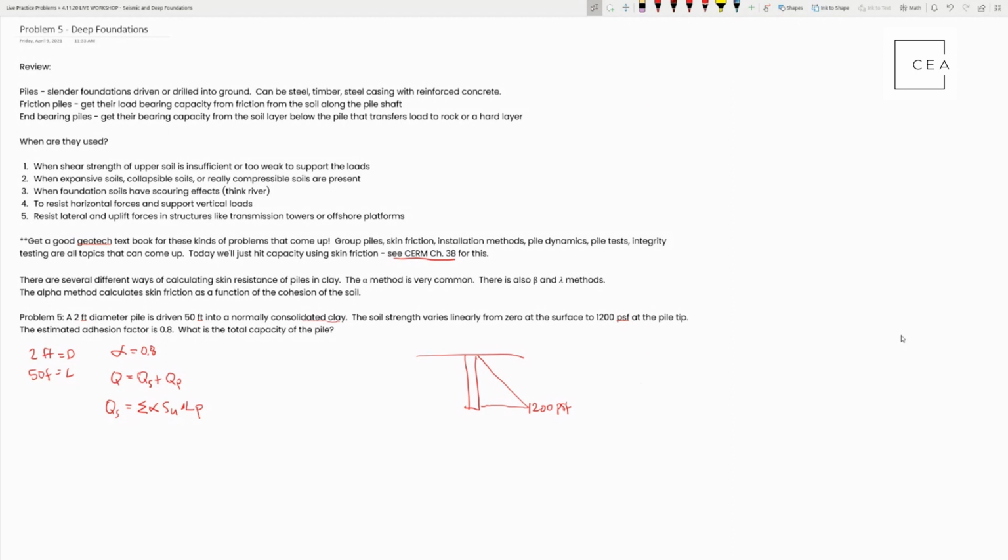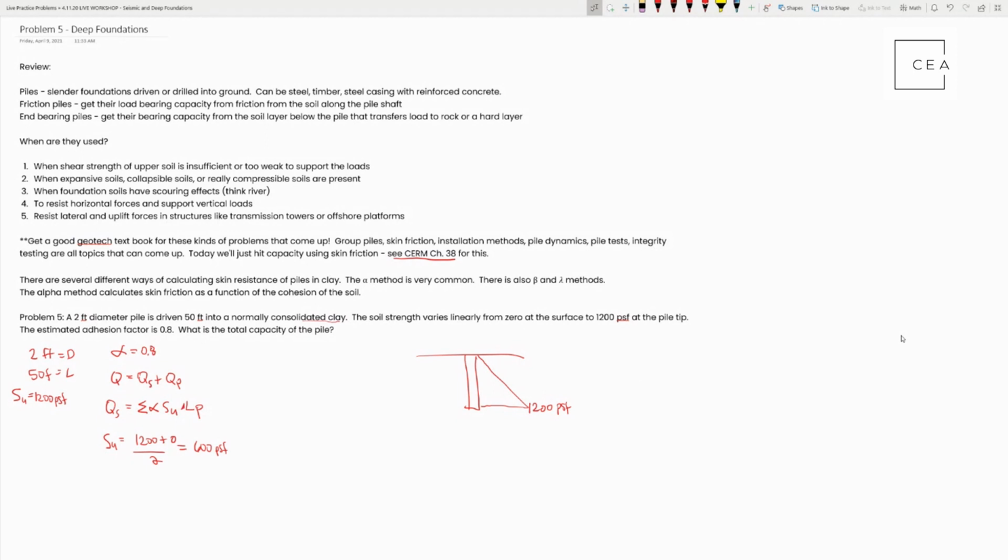To solve for SU, what did we get here? The soil strength, which is our undrained shear strength. We could write that here. SU is equal to 1200 PSF. In the case of the equation, though, we want to find the average soil strength. So to solve for SU, we take 1200 plus 0 at the top, divide it by 2, and you get 600 PSF.